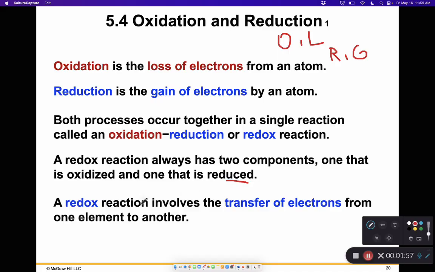That's why we say a redox reaction involves the transfer of electrons. One participant will lose the electron, the other participant will gain the electron. So let's see this with an example.